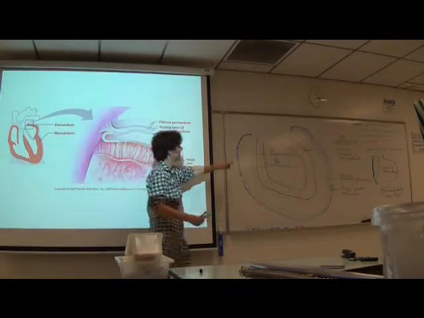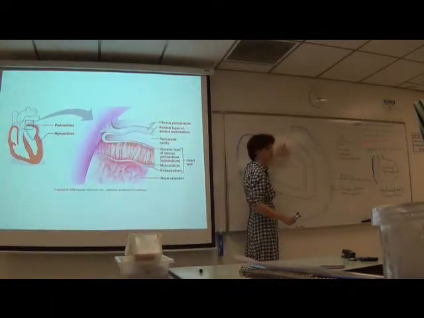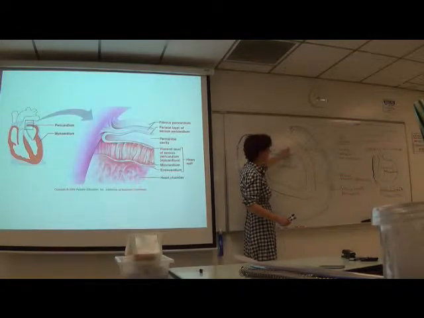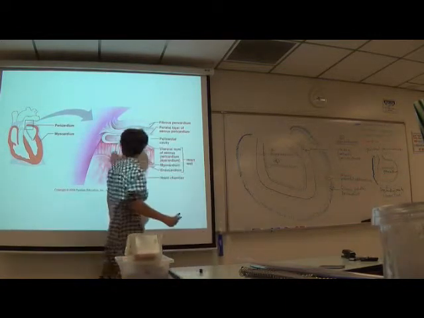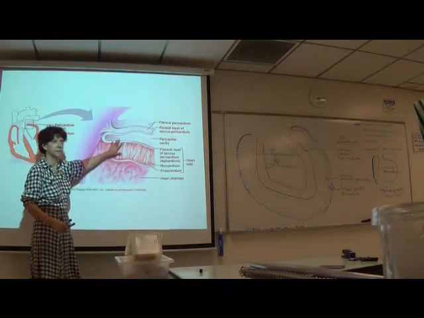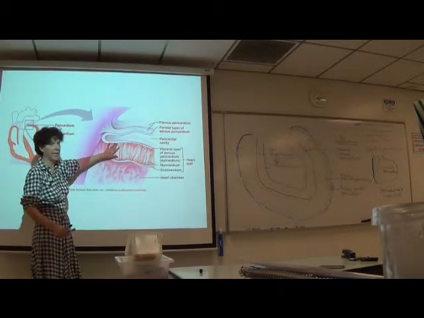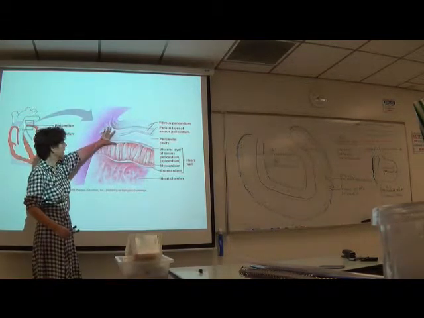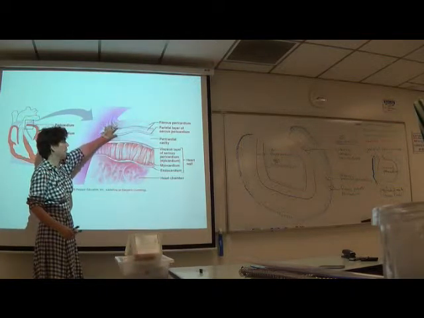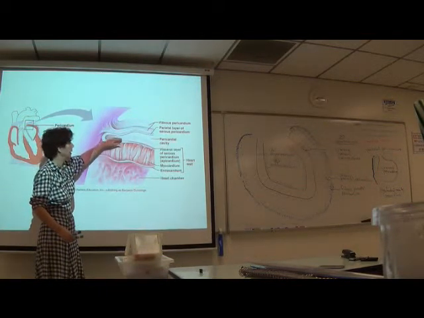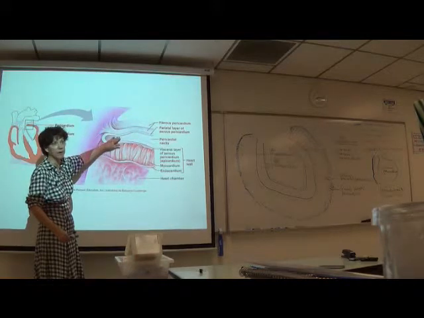That would be this layer right here. Then we have the myocardium, which are the slashed red lines. And now this is our visceral and parietal pericardium with the pericardial cavity in between.